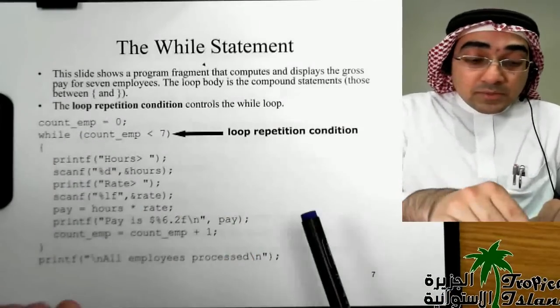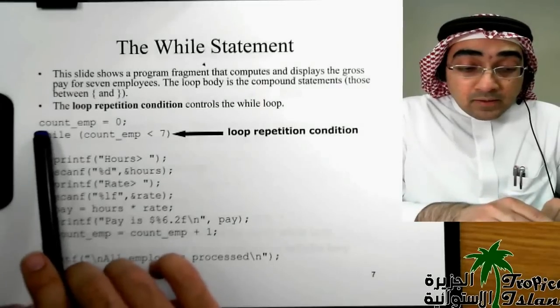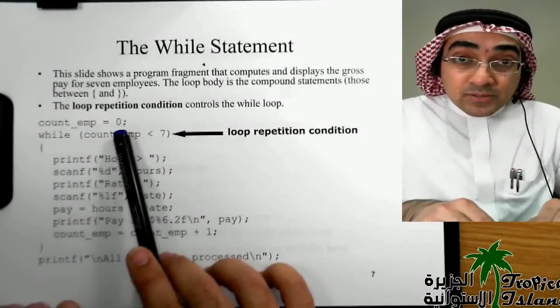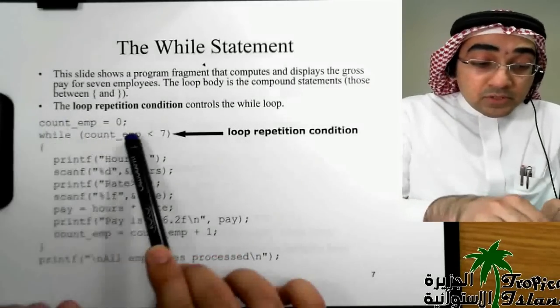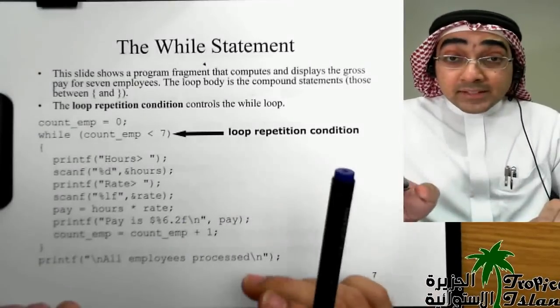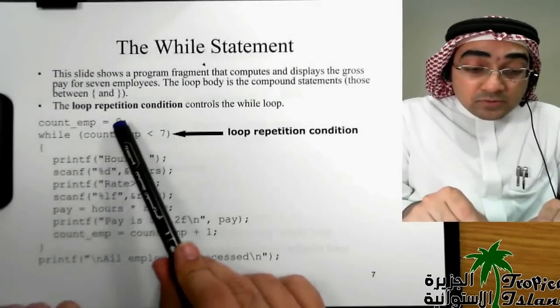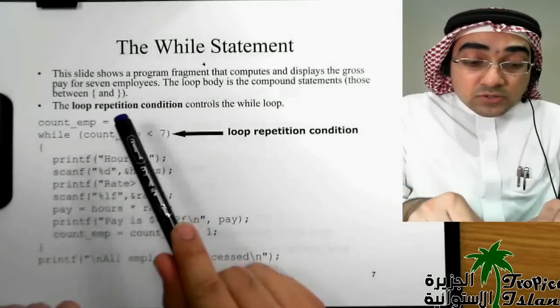This is something I did not show you over here, but suppose that this is an integer and I set its value before the loop to 0. This is the first step you actually do. You set the loop repetition condition variable to 0, or to the identity of the operation that you're using. In our case, it's a counting loop, and for counting we use addition, so the identity is 0.